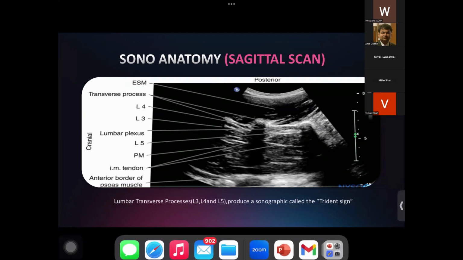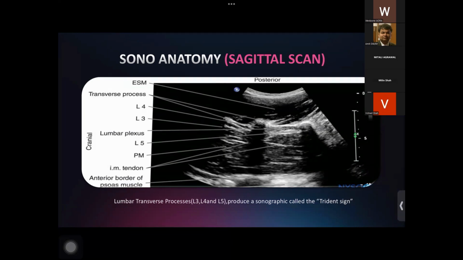Hi, sir, use a pointer. Okay, one minute.